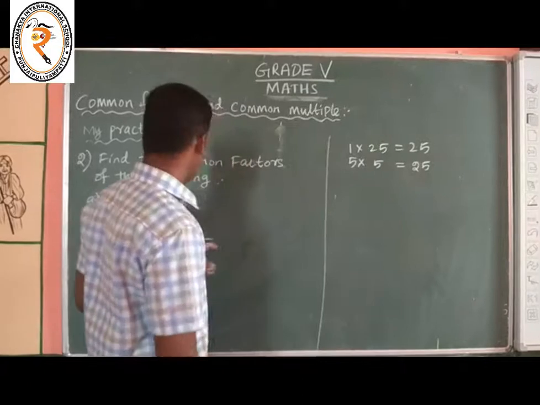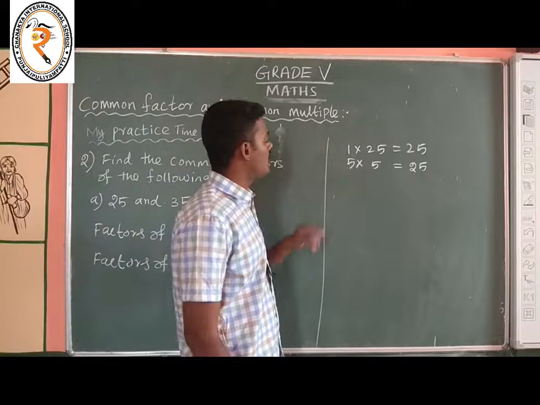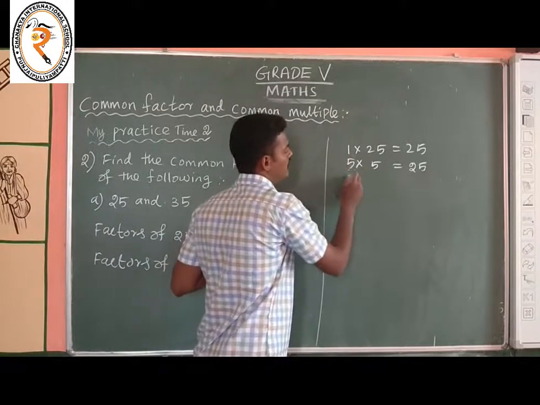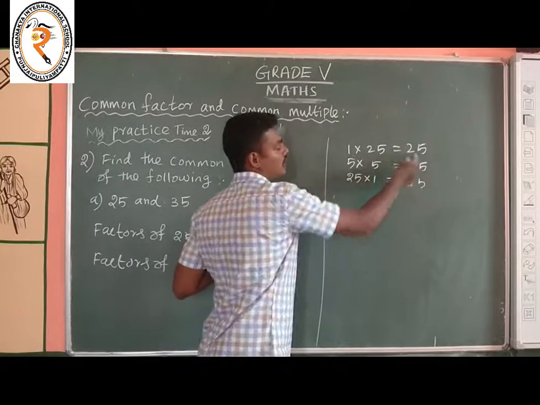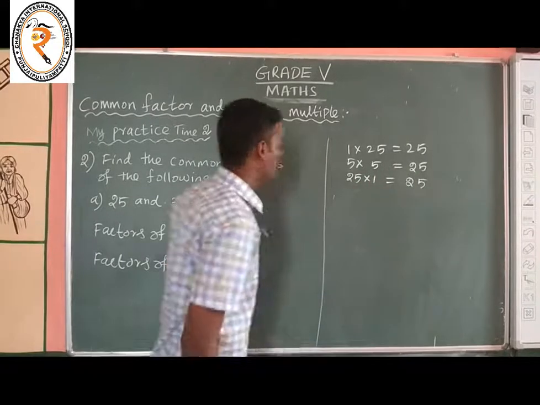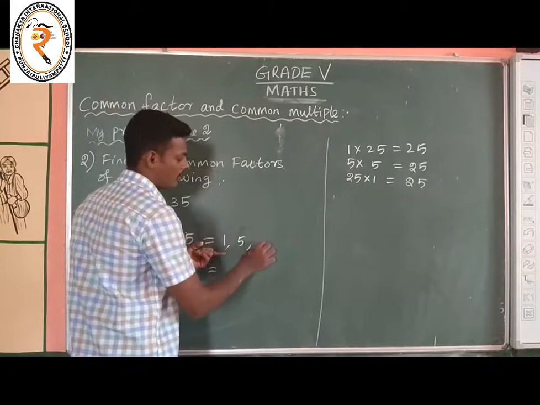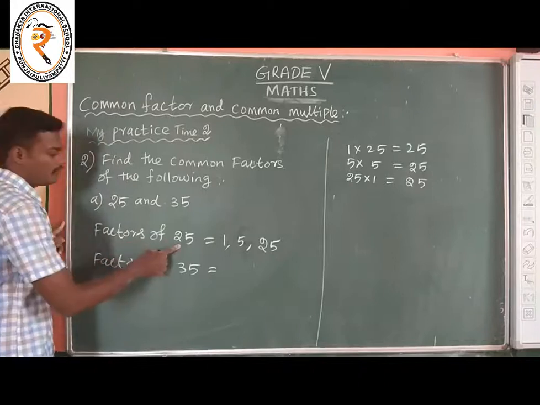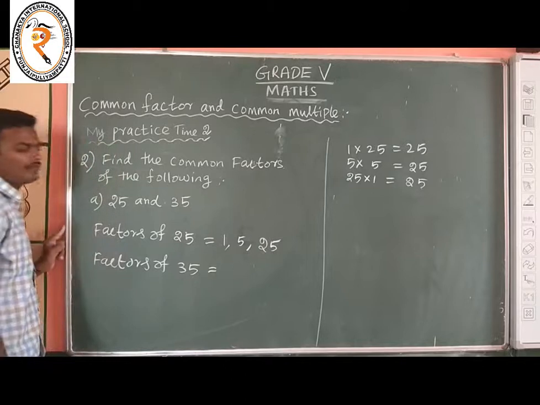So 25 comes in the first table, the 5th table, and the 25th table. So factors of 25 are the first table, 5th table and 25th table.